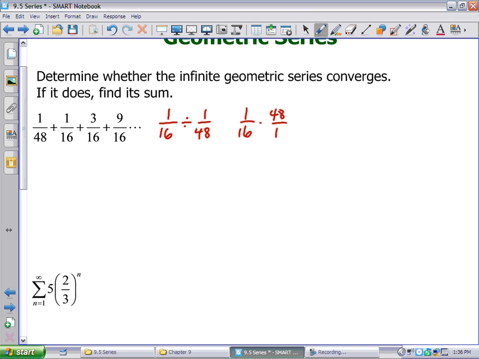Well, 48 over 16 reduces to be 3. So here our r is 3. When you take the absolute value of 3 and compare it to 1, 3 is not less than 1. That's false. So this diverges. It does not go to one limit or one number.